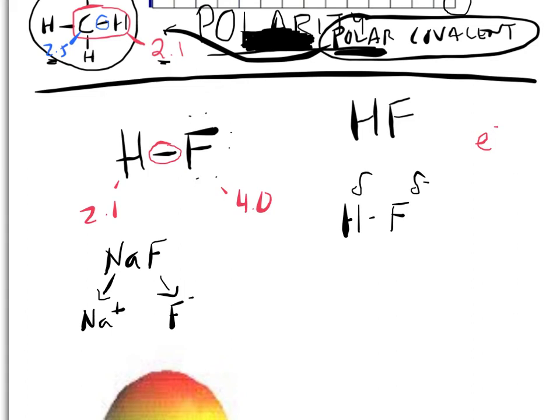So I'd put a small delta plus on the hydrogen and a small delta minus on the fluorine. Because what this is telling me is that some of the charge, not all of it, but the majority of the negative charge is on this fluorine atom.